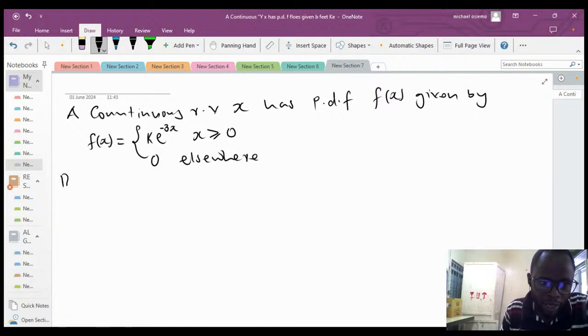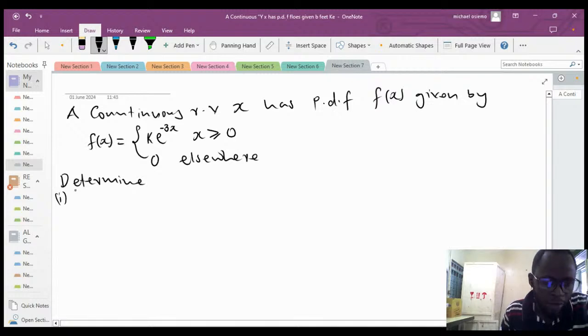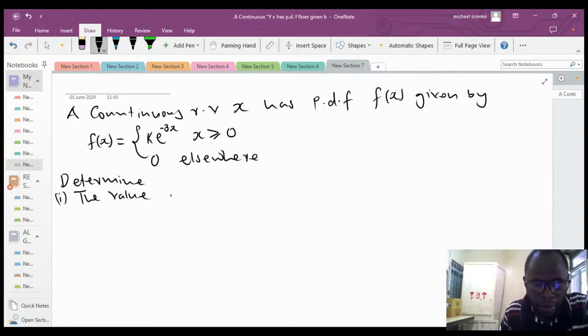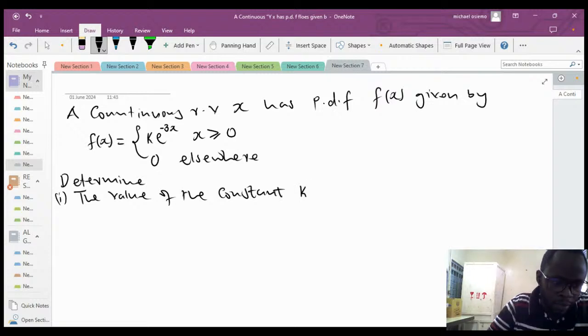Determine: Roman 1, the value of the constant k. Roman 2, the mean.